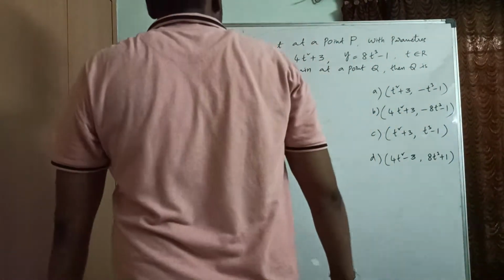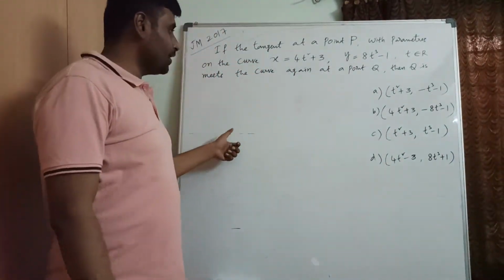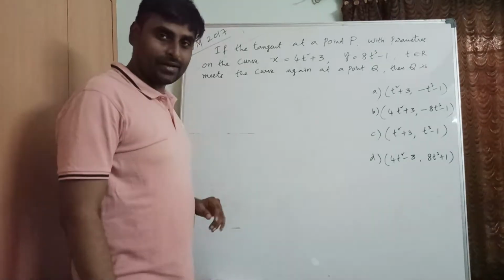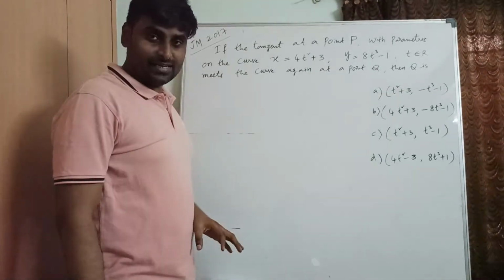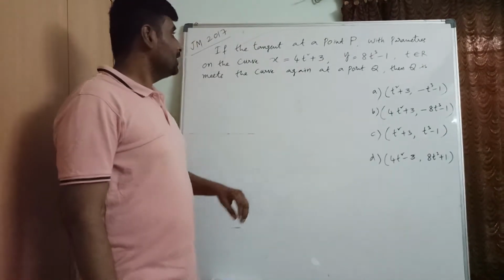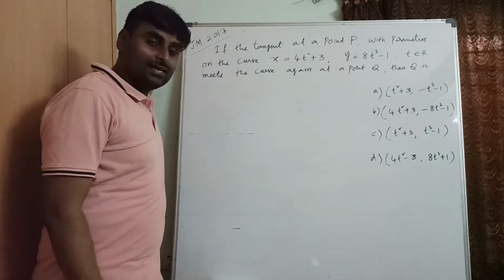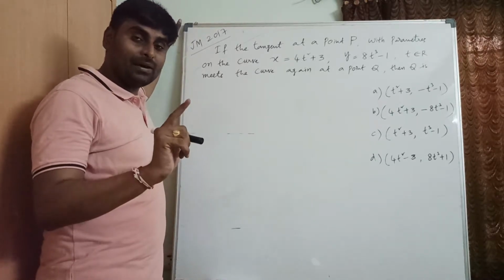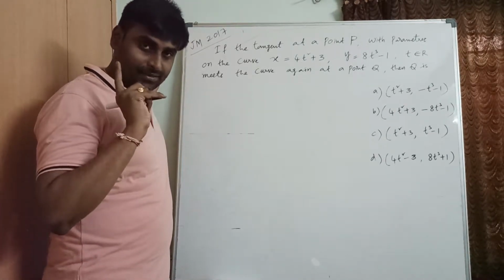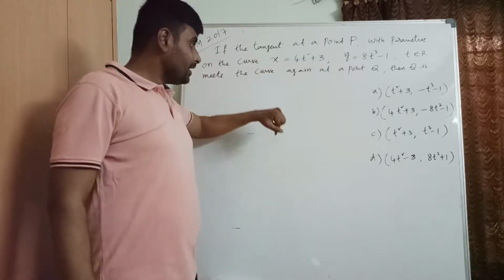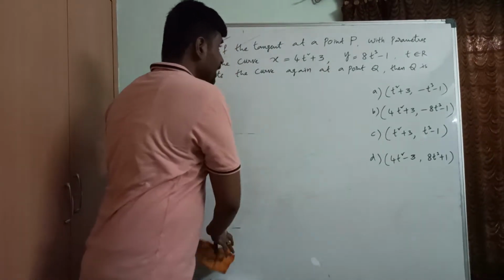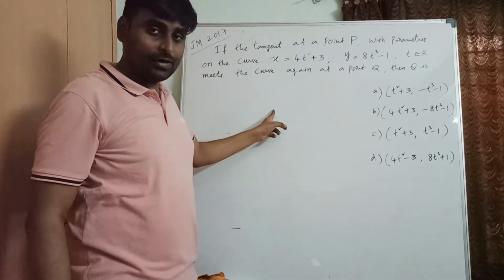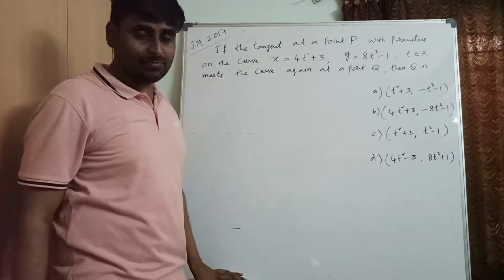Now look at this question, which is a very important model, given in JEE Mains 2017. Clearly we can observe that this curve is given in parametric form. Whenever a curve is given in parametric form, we know how to find dy by dx: dy by dt divided by dx by dt.